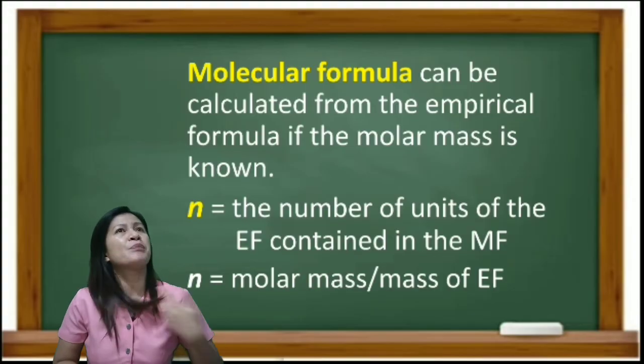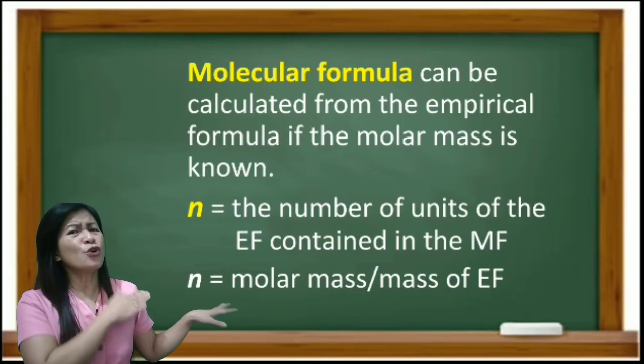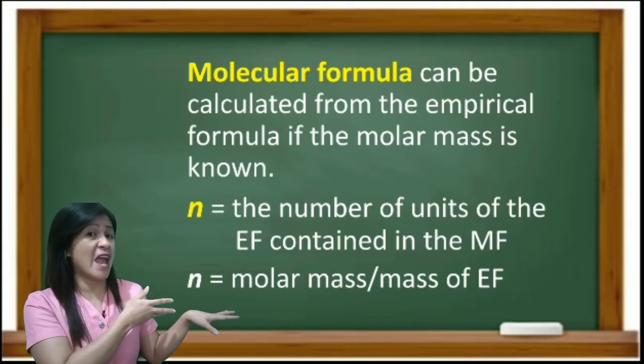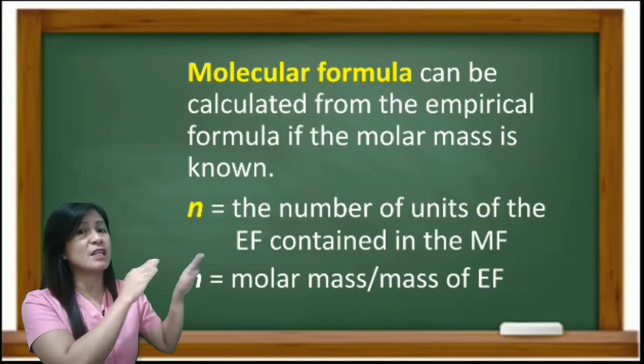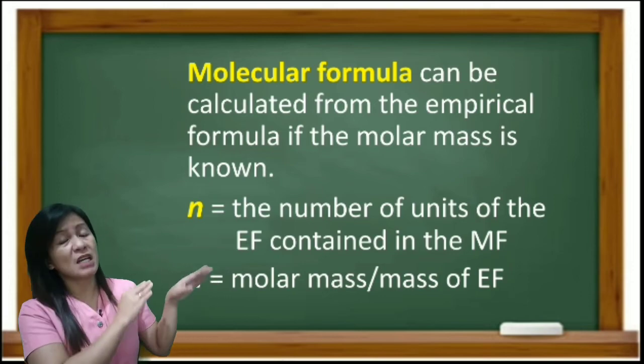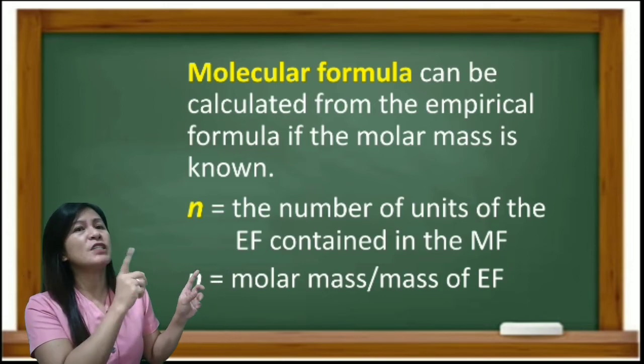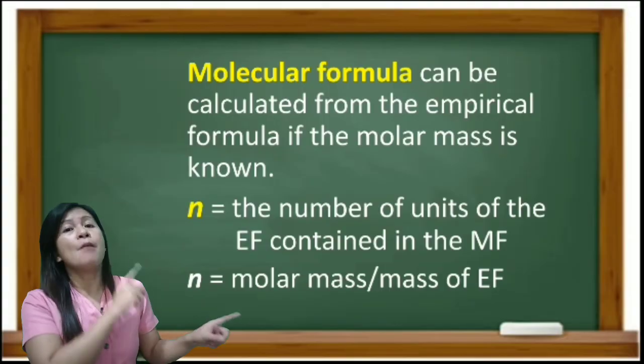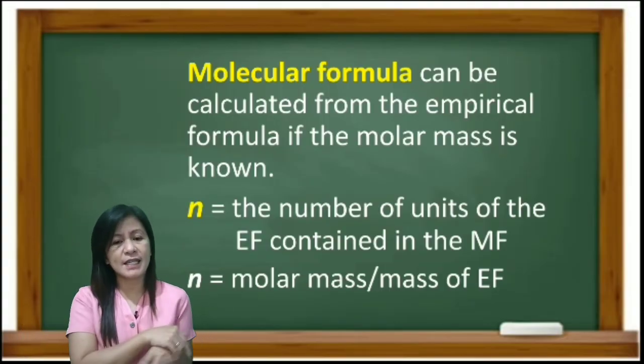You will just do the process of determining the value of n, that's molar mass divided by the molar mass of the empirical formula, and then you will use that value of n to determine the molecular formula. Let's try this example.